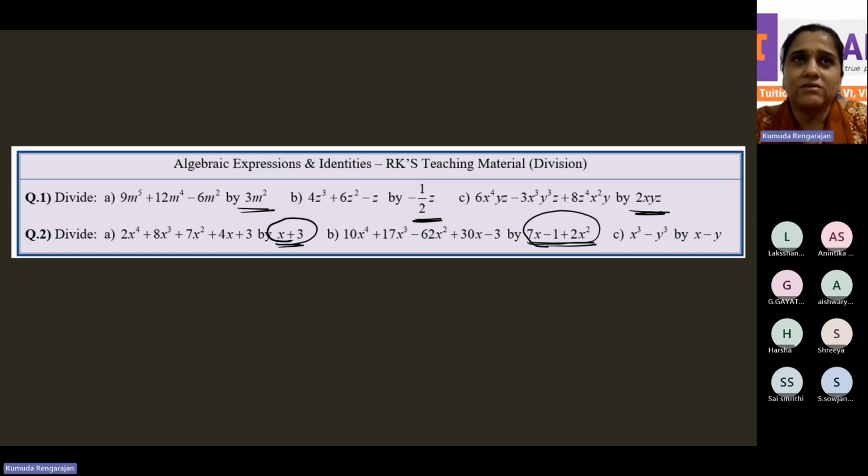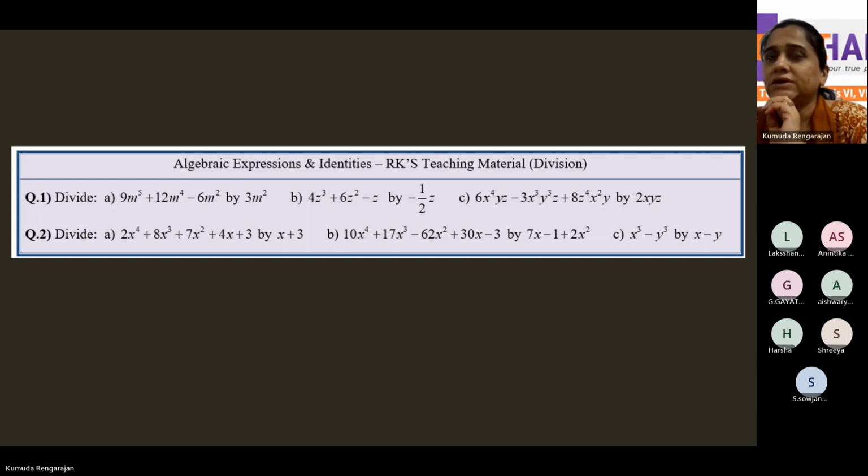If you have to divide by an expression which has more than one term, that is a binomial or a trinomial, it is long division. That's the difference. If you're dividing by a single term, the numerator can have any number of terms, but we won't use long division. If it is any number of terms in the numerator divided by a binomial or a trinomial, then it is long division.